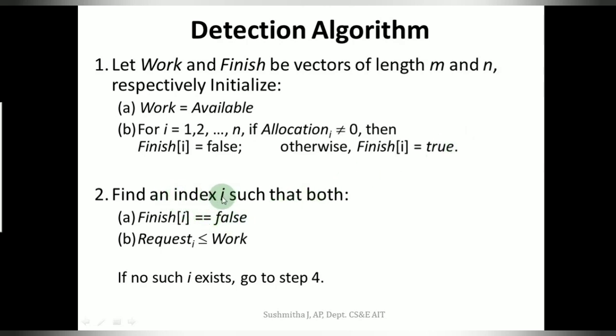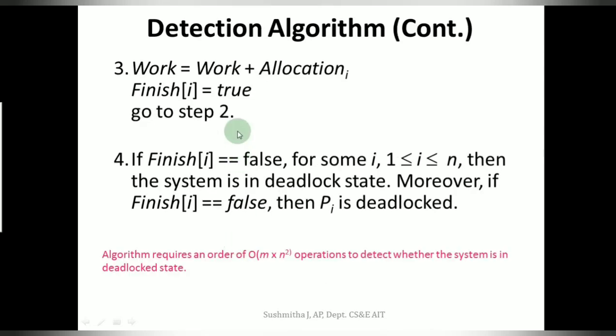Now if there is a process Pi for which finish is false, and if the request is less than the work, we have initialized the available to work. So if the request is less than the work, then we will be changing it: allocation plus work is the new work, or the new available. So the allocation plus the available is the new available, and we again change the finish from false to true.